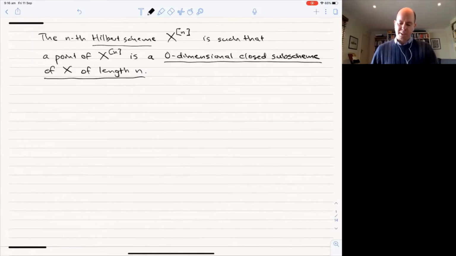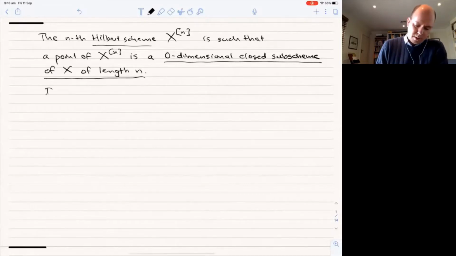But there's a difference. To understand the difference, you have to unpack these algebraic geometry definitions a bit. So firstly, what do I mean by length?